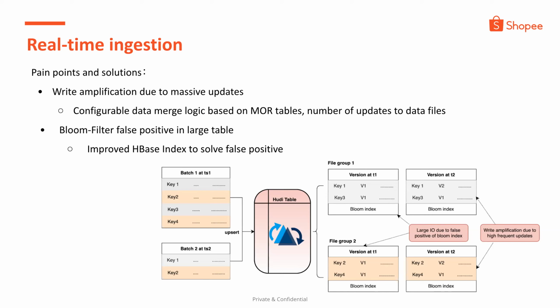What we need to do at this point is set up appropriate monitoring to allow us to identify this issue. At the same time, we support inline and asynchronous compaction of data files based on the configuration of data merging logic.